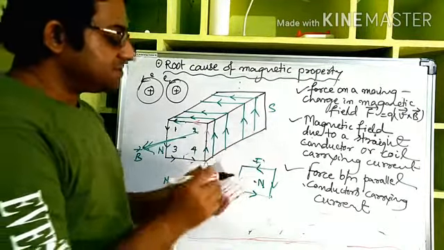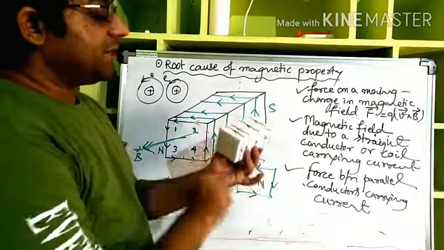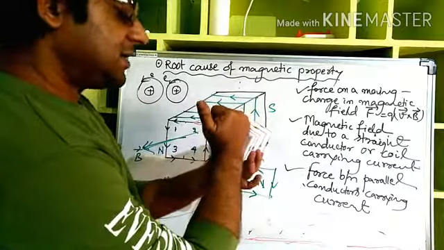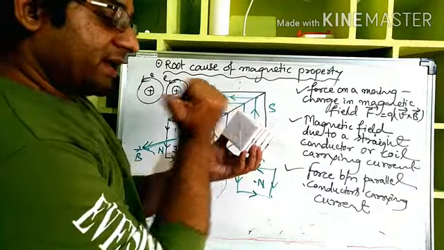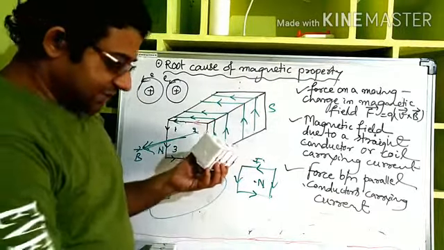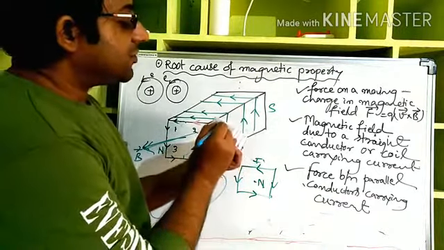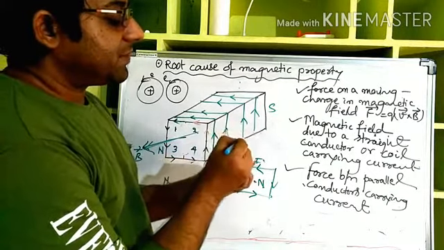So it is coming like this, and again from this side to this side it's coming. So anti-clockwise I turned, so this side is north. From anti-clockwise, from where the B is coming out, that I am taking as north. Now that's my convention. So if I call this north, this side will be south, right?